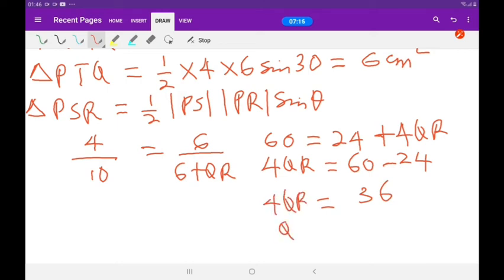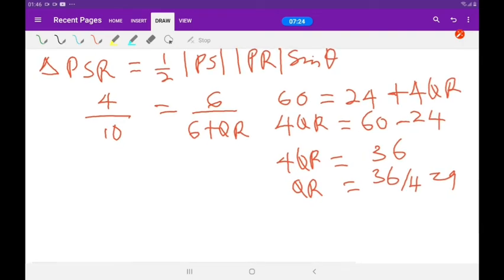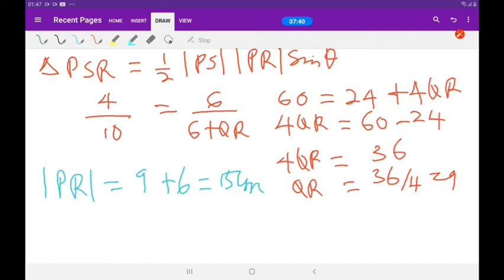So QR will now be 36 divided by 4, and that is 9. Therefore, to calculate line PR, I will advise that you draw this somewhere so that you can follow what I'm doing. That will be 9 plus 6, and that will be 15 centimeters.